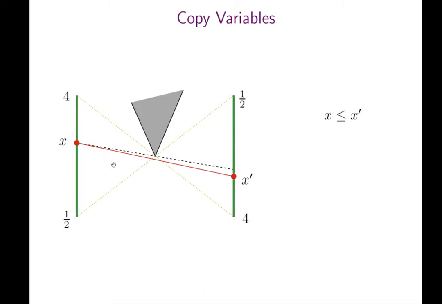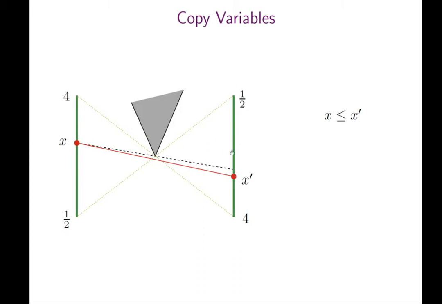And then now we have to copy variables around to go to the specific gadgets. How do we do this? Well, again, let's just do a half copying. So we have here a variable segment, there a variable segment. It's easy to see, because of the intercept theorem or Thales theorem, that here x is smaller or equal to x prime.